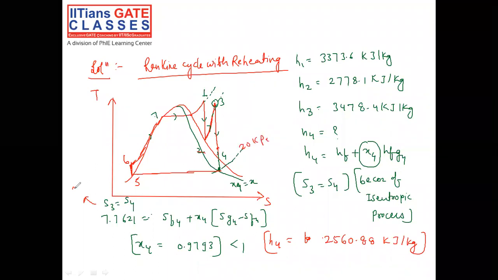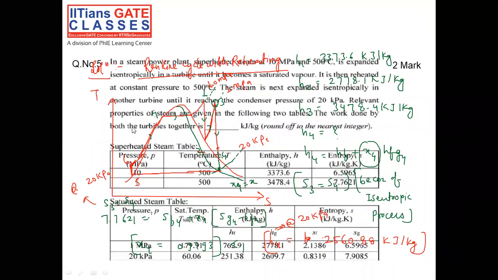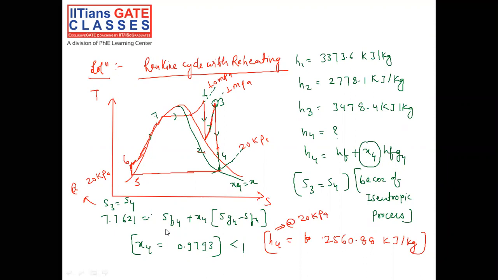So you are going to calculate at 20 kilopascal, and this also at 20 kilopascal. This pressure is given as 1 megapascal and this is given as 10 megapascal. Let me check again. Okay, correct.